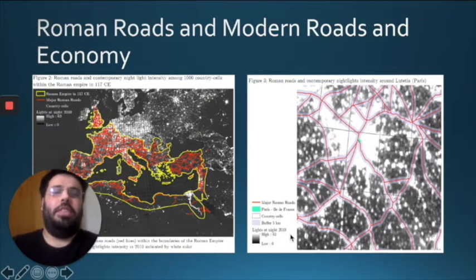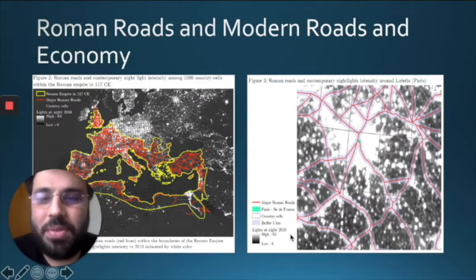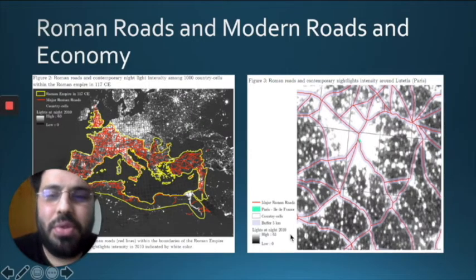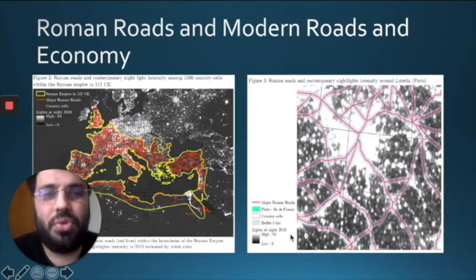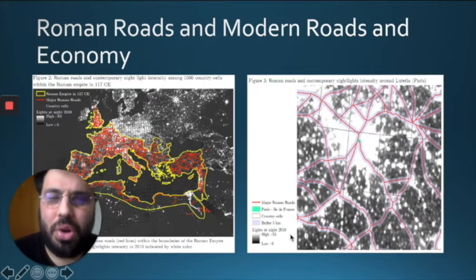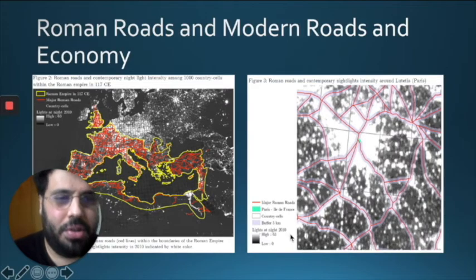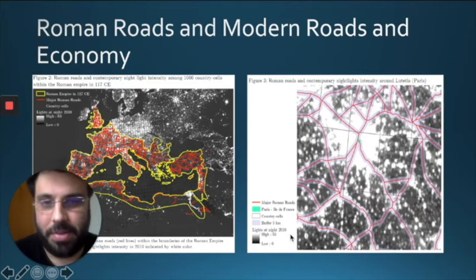Also, these two maps show a kind of historical parallel here. The military routes that the Roman Empire took just 15 or 16 centuries ago show great parallels to the regions in Europe today which have a higher degree of economic activity and prosperity.